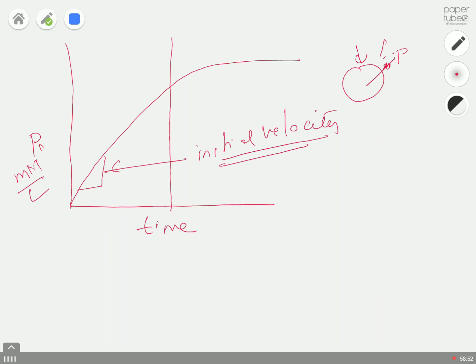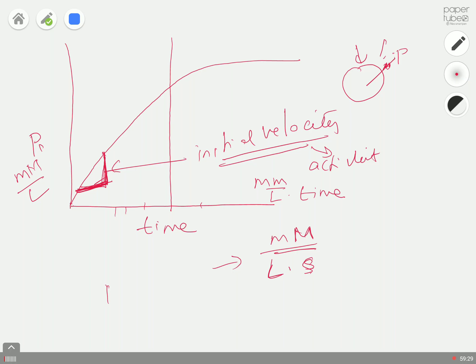This slope value you can also call just activity. If you take the slope, it will be millimoles per liter by time. If time is expressed in seconds, it will be millimoles per liter per second. I hope you all know how to take a slope. So this is your initial velocity.